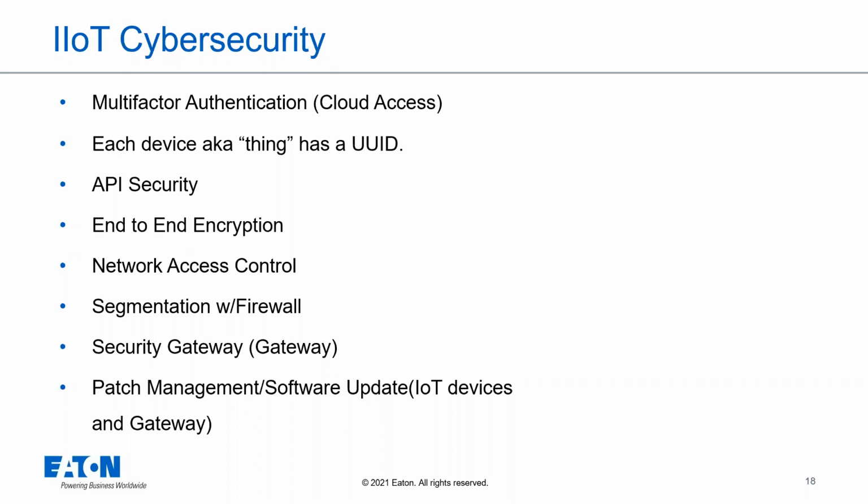Any device you add to your network is a risk. So if you have an opportunity to segment that, then that's your best option. And then something else you want to look at is that whatever IoT gateway you use, you want to make sure it's constantly getting software updates for various cybersecurity patches.